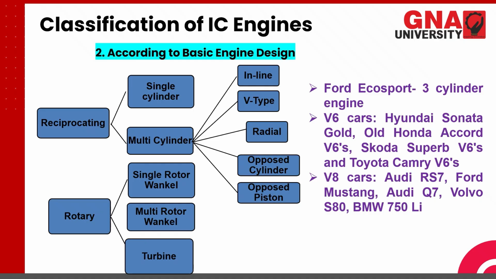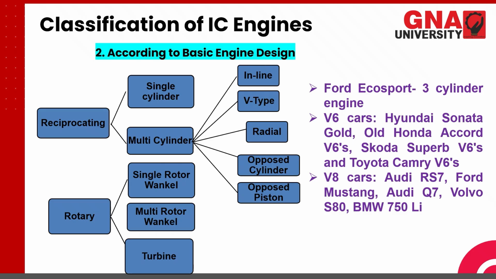Within the reciprocating engines, multi-cylinder engines may also be classified on the basis of arrangement of the cylinders. We have inline arrangement, V-type arrangement, radial arrangement, opposed cylinder and opposed piston arrangements. For example, Ford EcoSport has a 3-cylinder engine with cylinders placed in line.